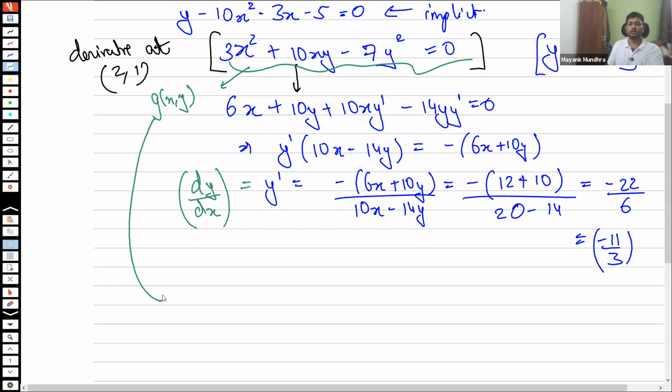Another thing that we use very often is del g by del x, right? So what is del g by del x? Del g by del x here is when I partially differentiate this g function with respect to x, keeping y constant. So del g by del x for this function is going to be 6x plus 10y.